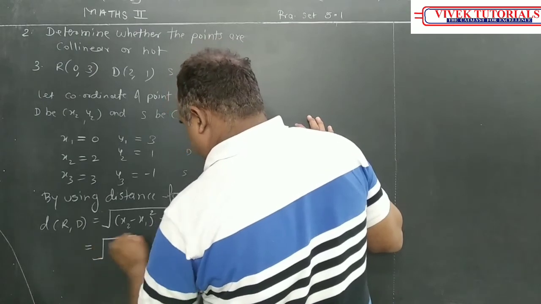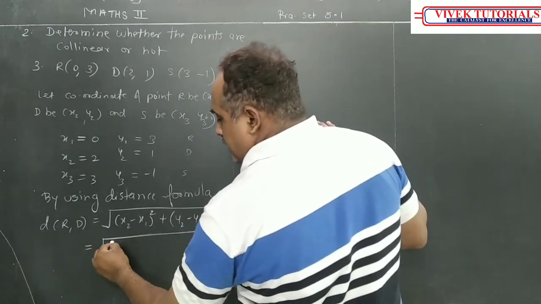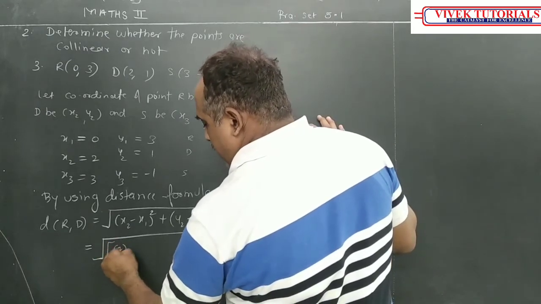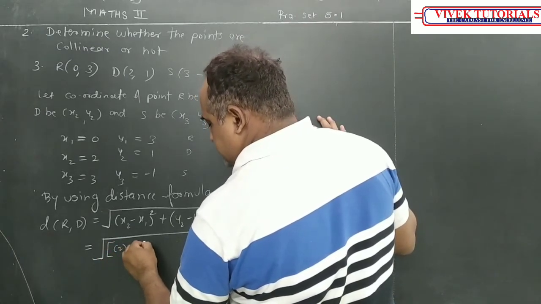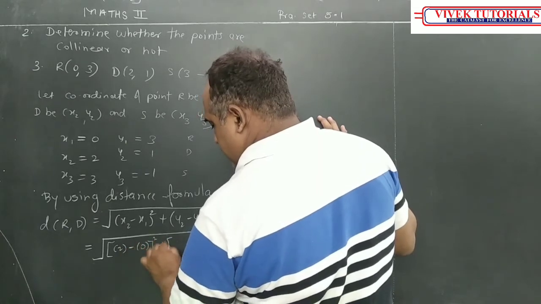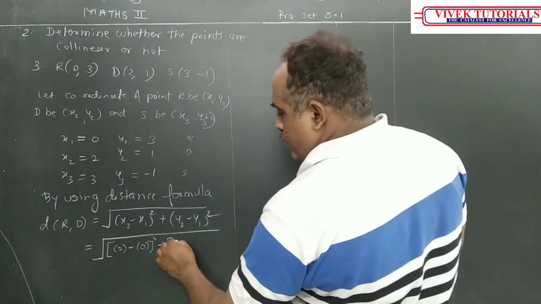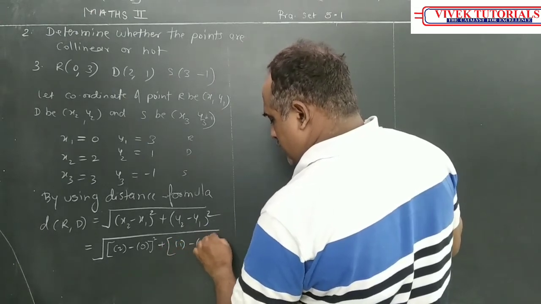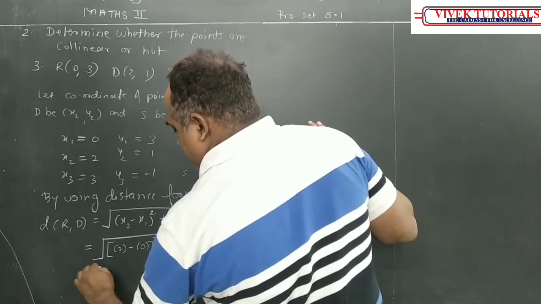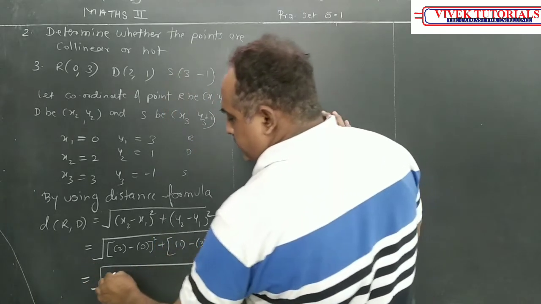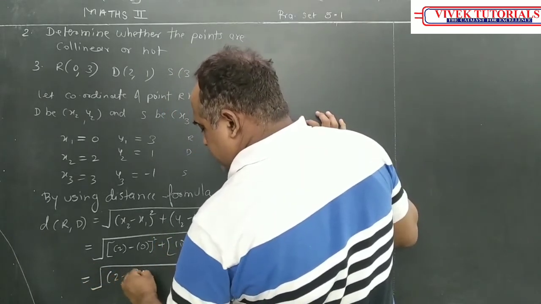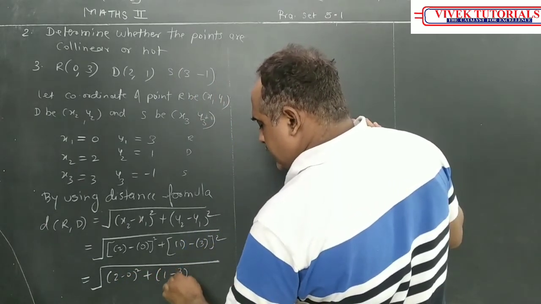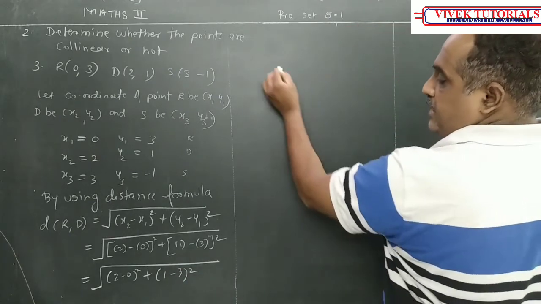That is equal to the square root of (2 minus 0) the whole square plus (1 minus 3) the whole square.